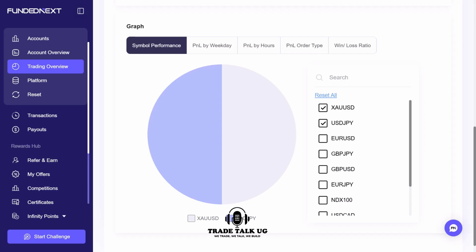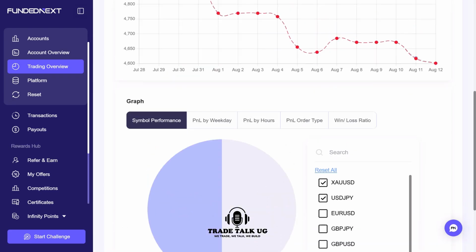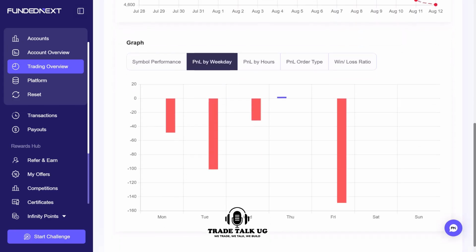That pair is very risky, and that is the pair which made me lose over $200 on the day of NFP, and that's when my account reached 6% drawdown, and I was remaining with only 2% drawdown, which I lost in the few days next to the NFP day. So you can easily see some of the pairs which I was trading, and especially the pair that caused the problem was gold.